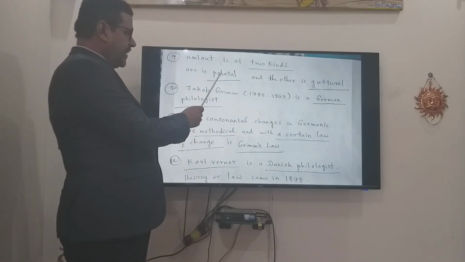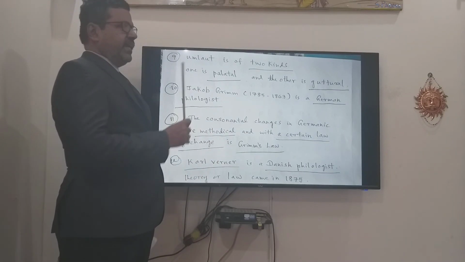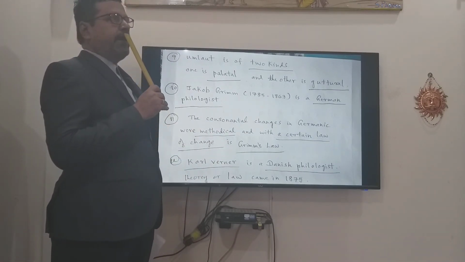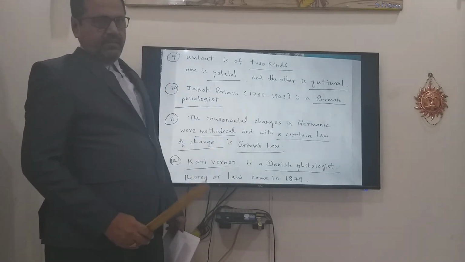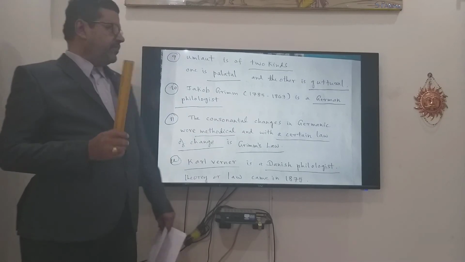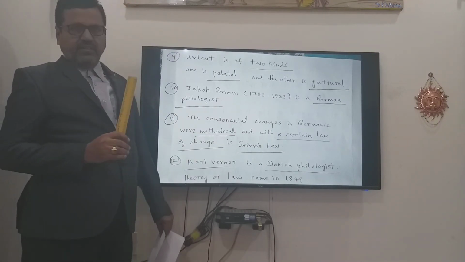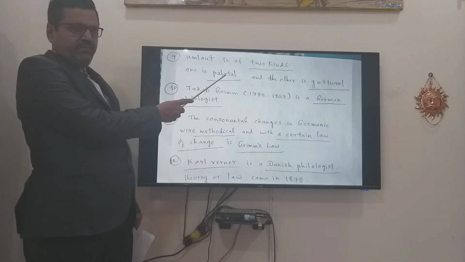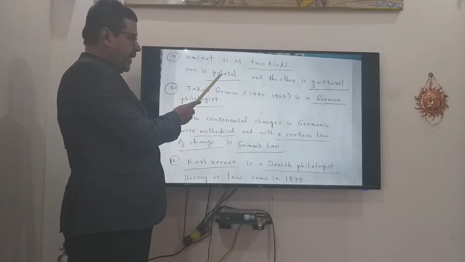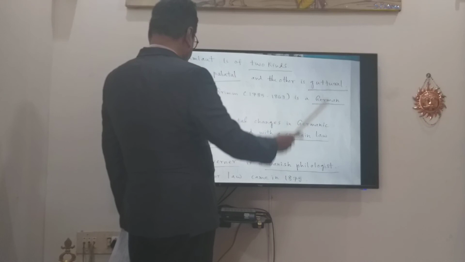One is palatal. We use the upper ridge. The other is guttural. These are the 2 kinds of umlaut. You have to remember in the examination what the 2 types are. If they ask, you have to say palatal and guttural.